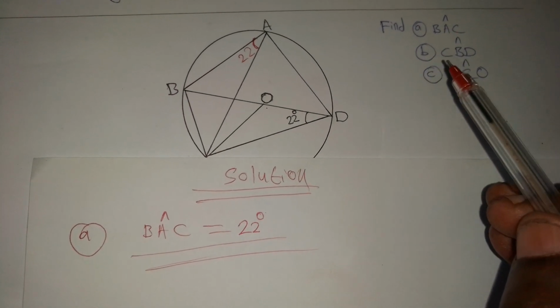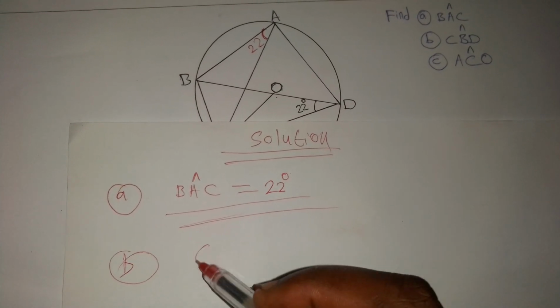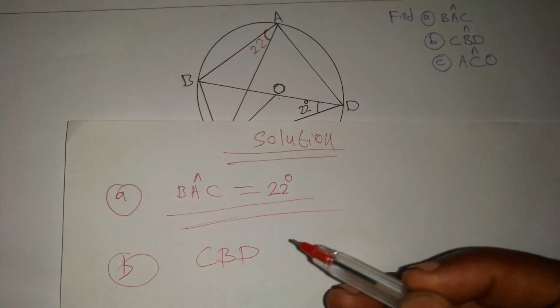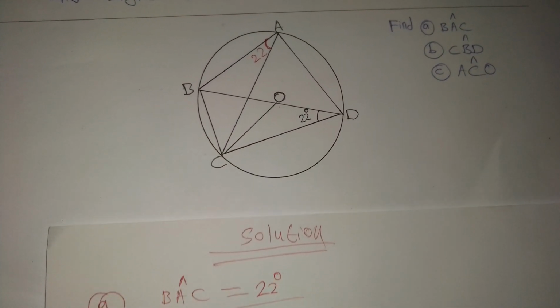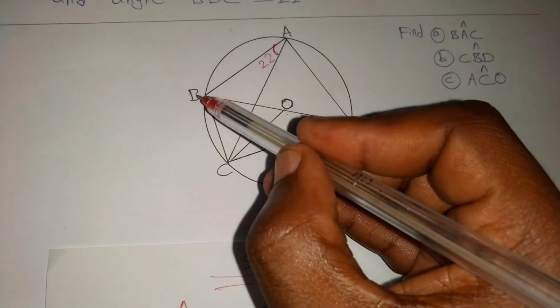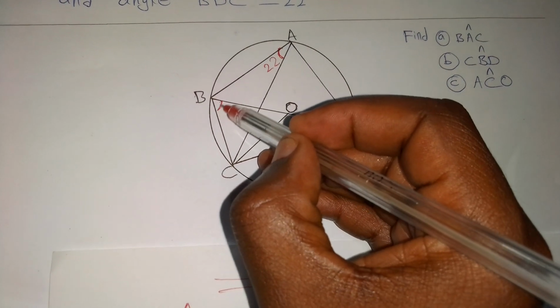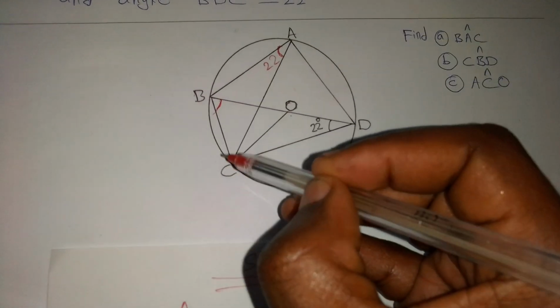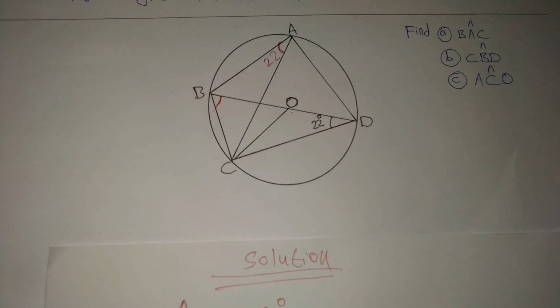Then B, we have CBD. So on B, we are going to solve CBD. The target is B. When we follow the letters, they are saying C, B, then D. So what they want is the angle which is there.